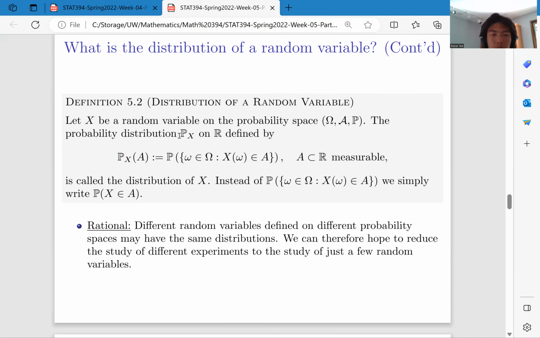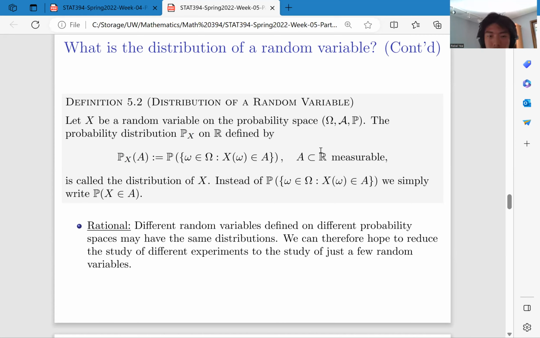The probability distribution P_X on R is defined by P_X(A) equal to the probability of {ω belonging to Ω : X(ω) belongs to A}, where A is a subset of the real numbers which is measurable. And we call this the distribution of X, the distribution of the random variable X.